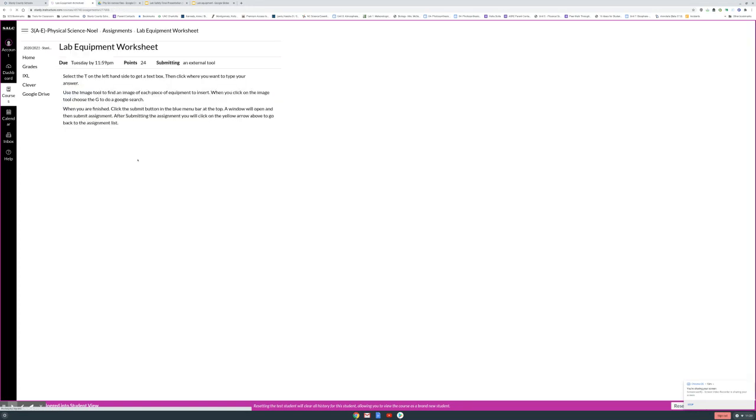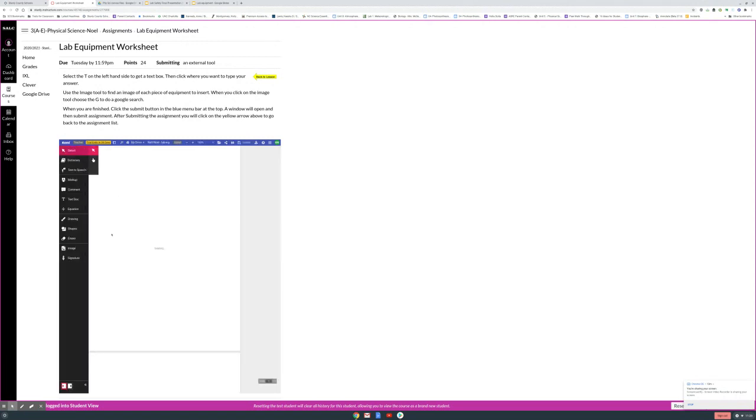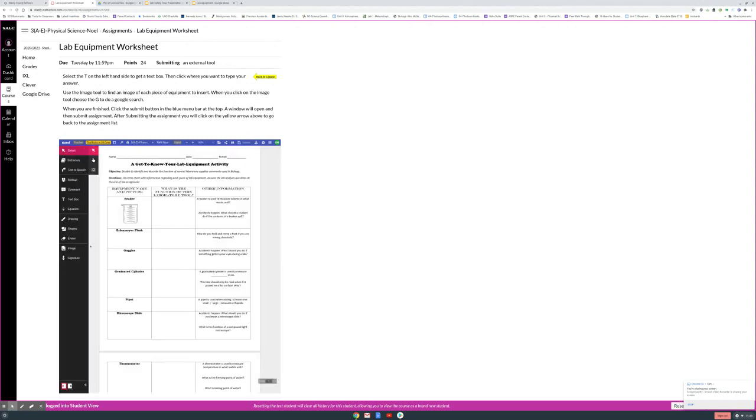Your lab worksheet is also a PDF. But this time, read the directions up here because there's an image tool that will allow you to search Google for pictures. And so you're going to need to put pictures of some of the equipment here. So you can use the image tool here.